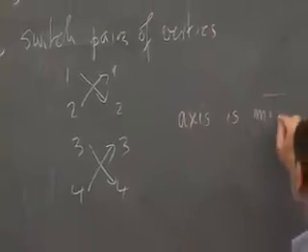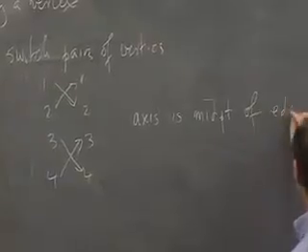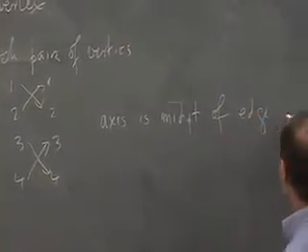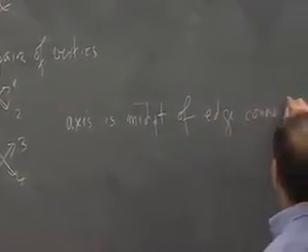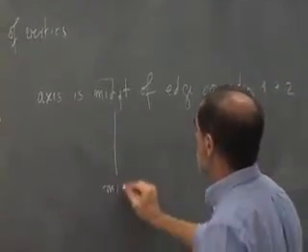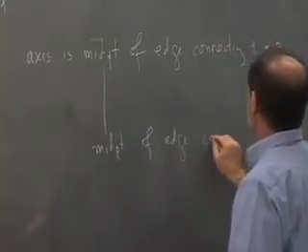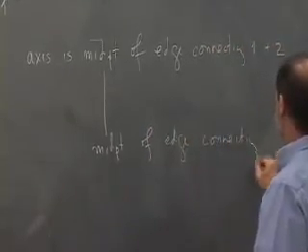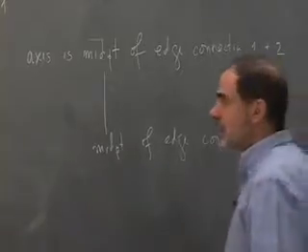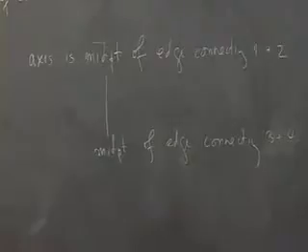The axis goes through the midpoint of the edge connecting 1 and 2 to the midpoint of the edge connecting 3 and 4. And for any pairs of vertices, you can draw the axis through the midpoint of the opposite edges.